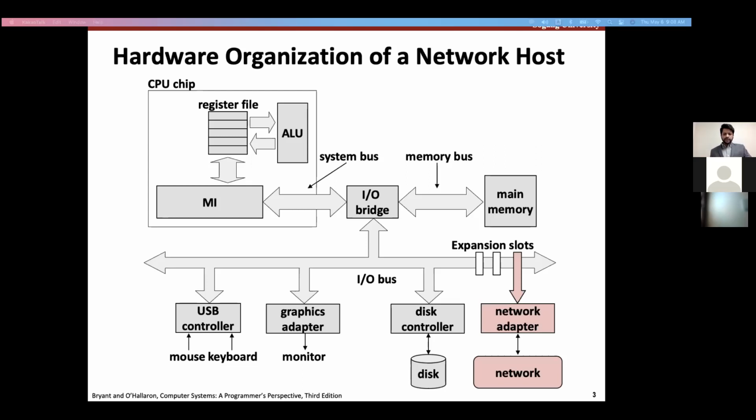Similarly, clients and servers often run on separate hosts, and communicate using the hardware and software resources of the computer network. In such a case, to your host machine, whether it's a client machine or a server machine, a network is just another IO device that serves as a source and sink for data. For example, you can send or receive data through that network adapter.